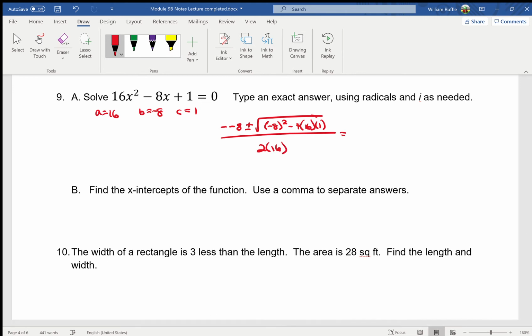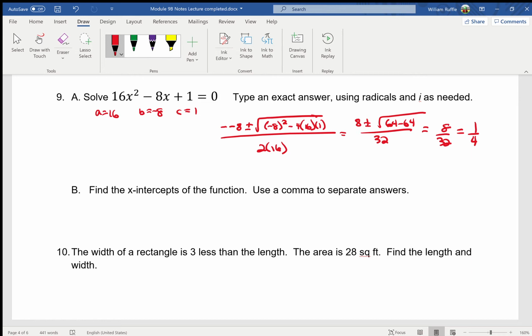So negative negative 8, that's 8, plus or minus the square root of 64 minus 64, over 32. Now 64 minus 64 is 0. There is no such thing as plus or minus 0, so this is just 8/32, which reduces to 1/4.